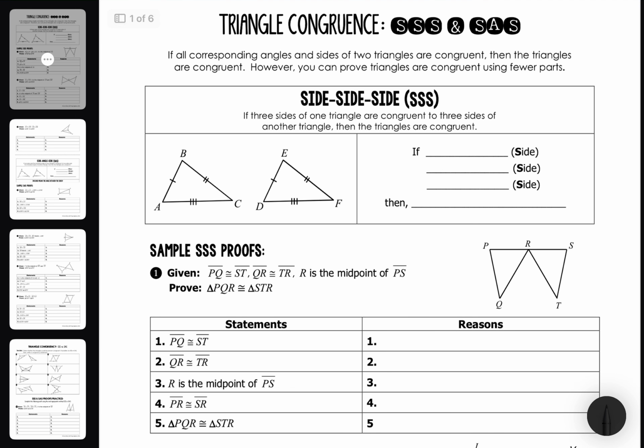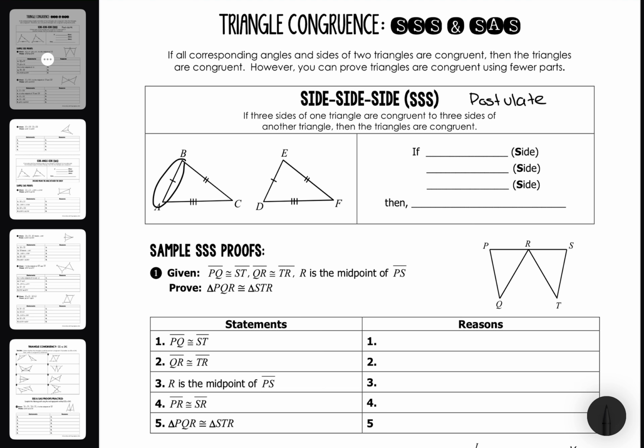I know you literally just watched the other video, but side-side-side postulate: if three sides of one triangle are congruent to three sides of another, then the triangles are congruent. So that's that postulate that we talked about in the previous video. Over here, they just want us to label which side pairs are congruent.